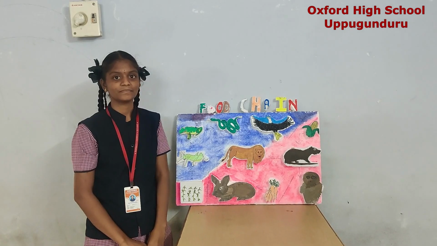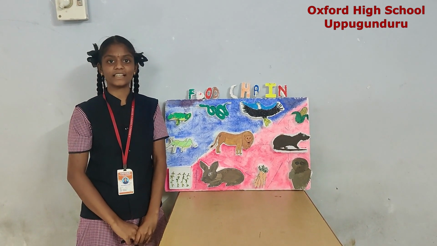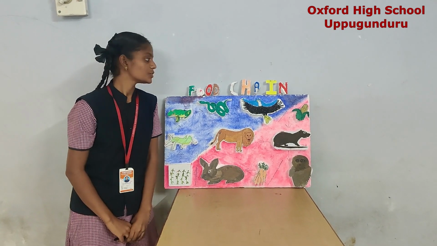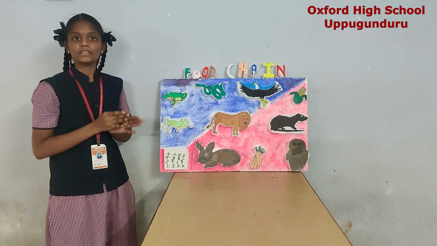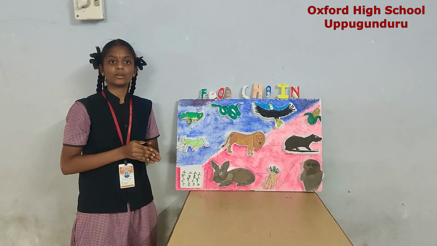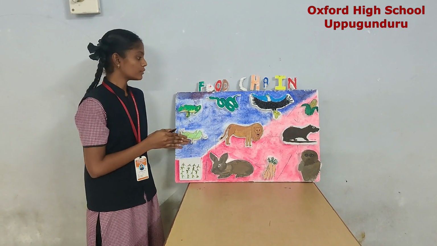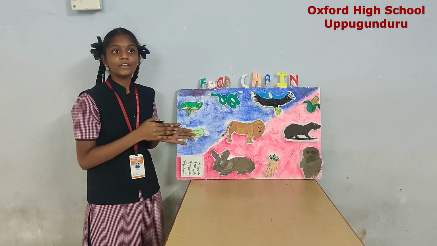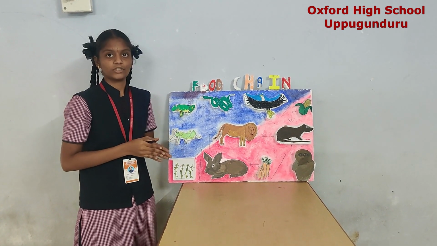Thank you. Hello everybody, myself Meghna. I am studying 9th class in Oxford High School. Today I have made a model of a food chain. A food chain is a system in which one organism depends on other organisms for food. It shows how energy flows.